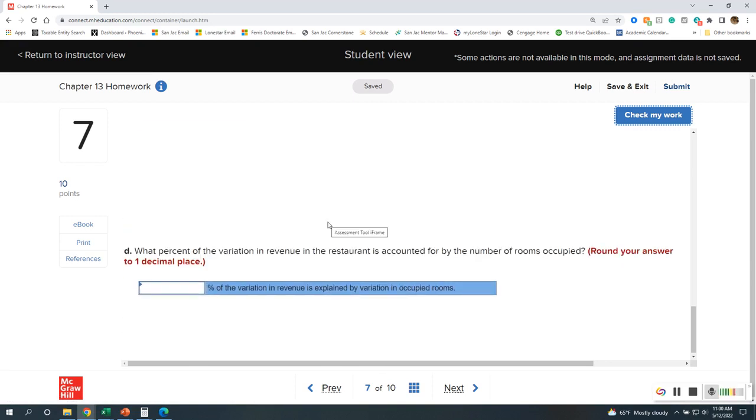And then, what percentage of variation in revenue in the restaurant is accounted for by the number of rooms occupied? So for us, basically taking r squared, because we're looking at coefficient of determination.